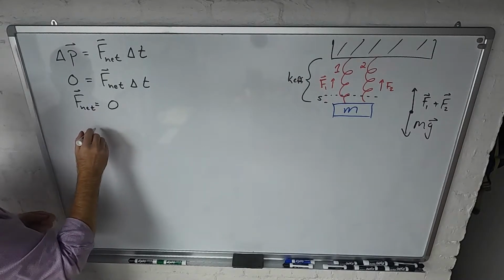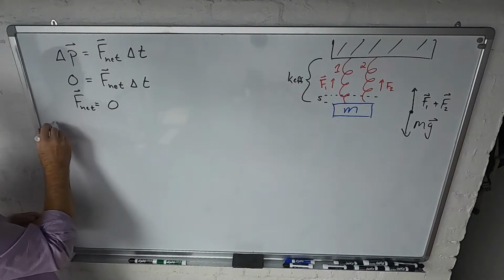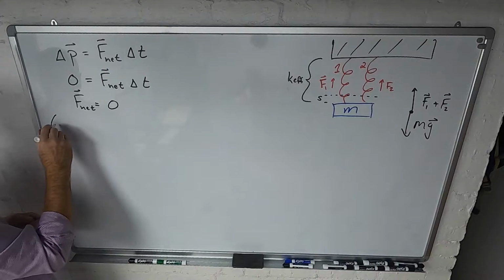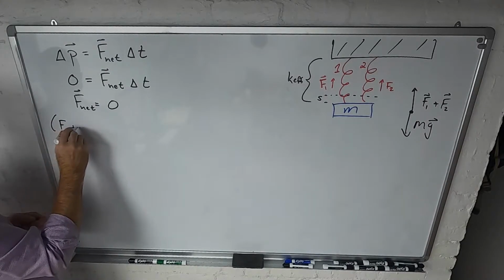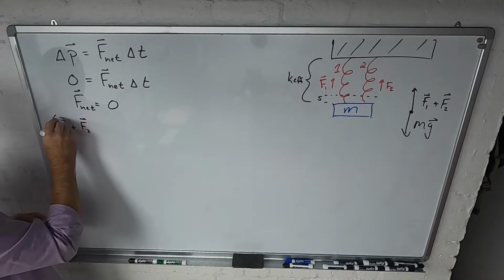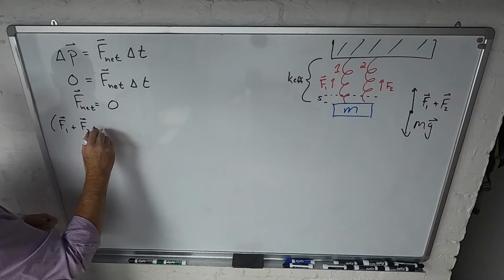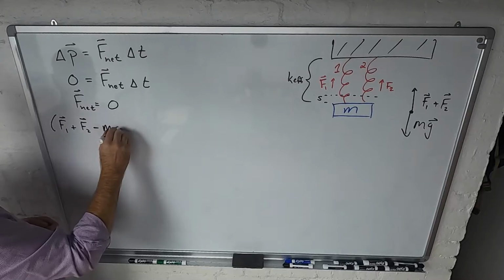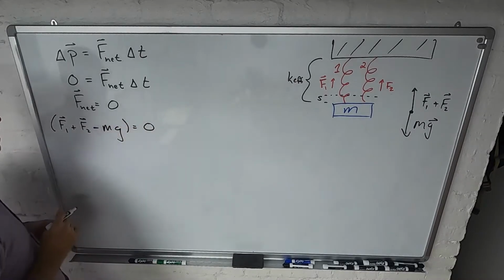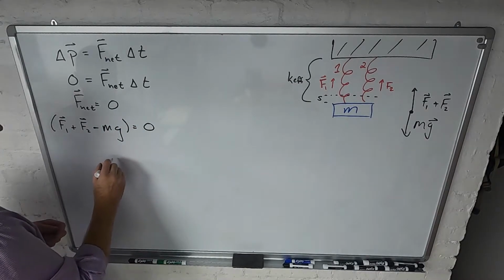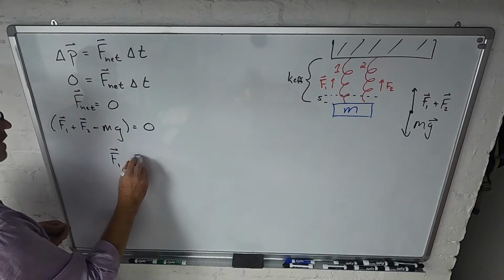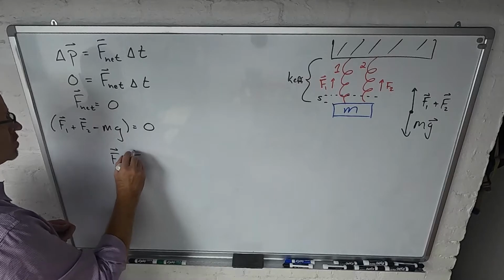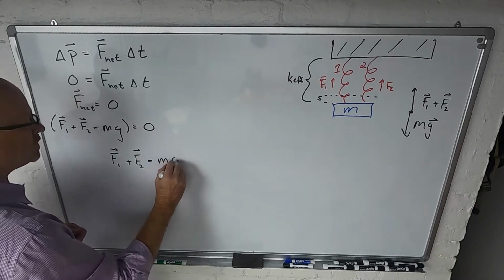And so that's going to mean that we can rewrite the net force as F1 plus F2, plus, these are vectors, so minus mg equals 0. So then I can write that F1 plus F2 must be equal to mg.